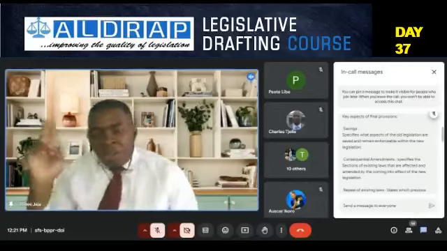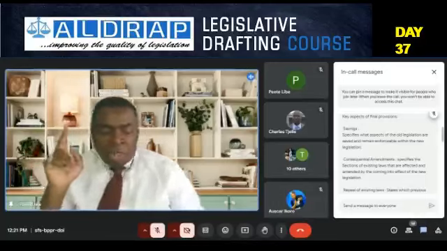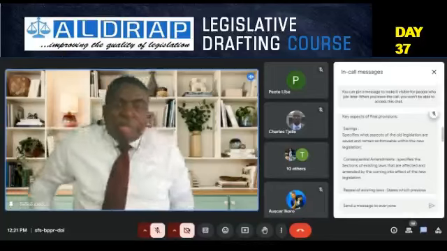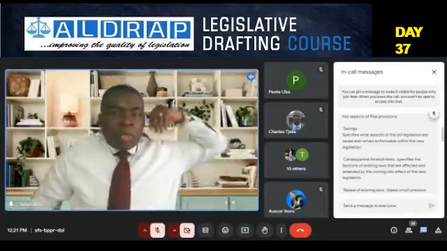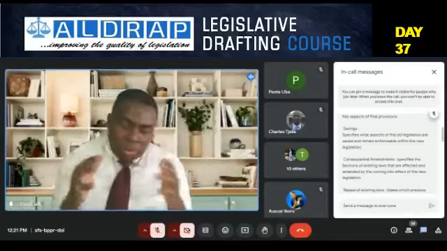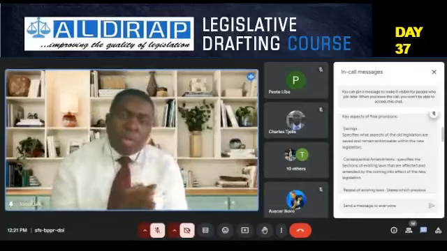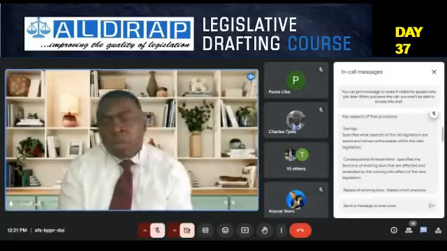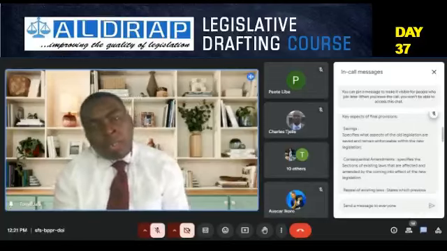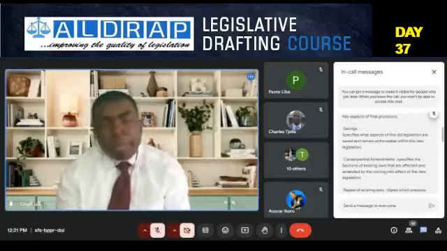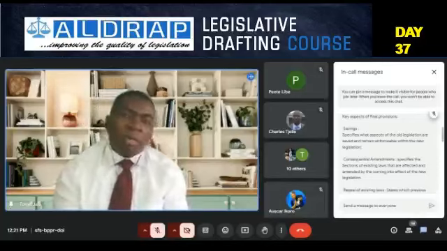If there's a conflict, two things can happen, which is part of the final provisions. There are two areas, two subheadings under the final provisions where you deal with that. One of them is called consequential amendments. The second one is called repeals.